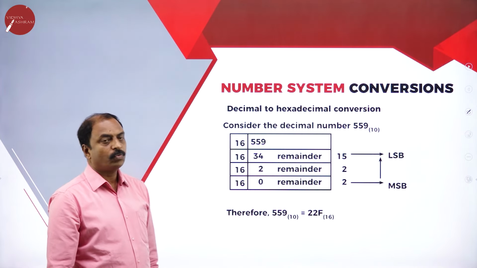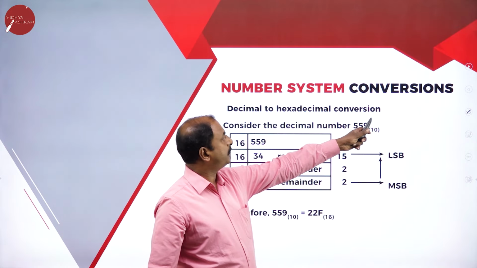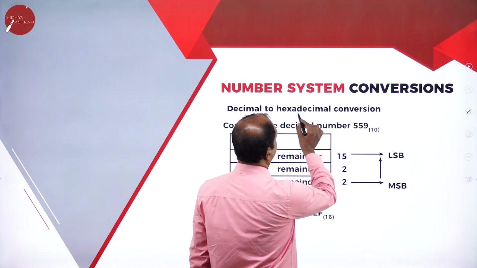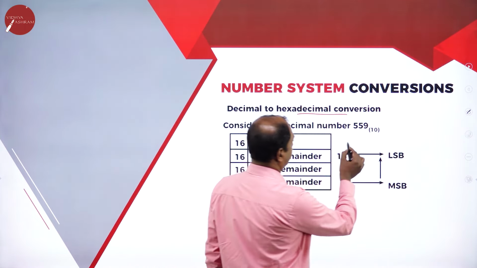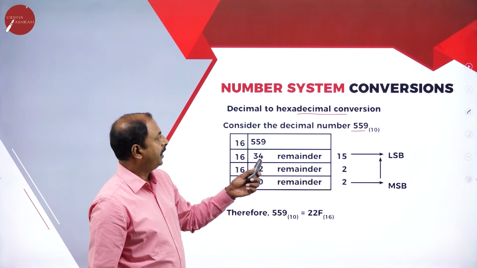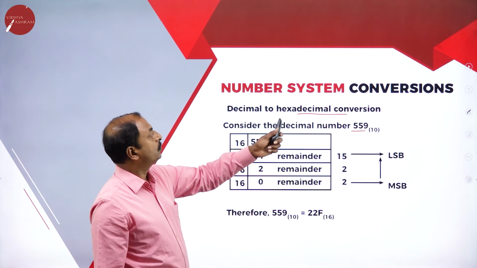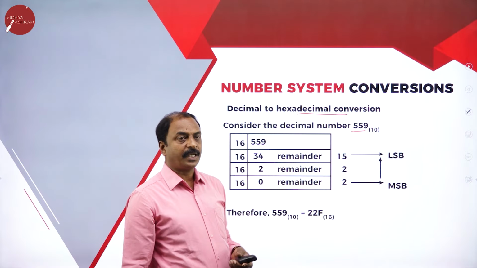Now let us move on to one more conversion, that is decimal to hexadecimal conversion. Hexadecimal means to the base 16. So given the decimal number 559 to the base 10, as we have seen in our previous examples, we have to convert into hexadecimal number system. The base is 16.